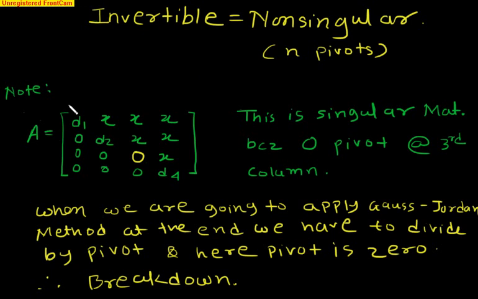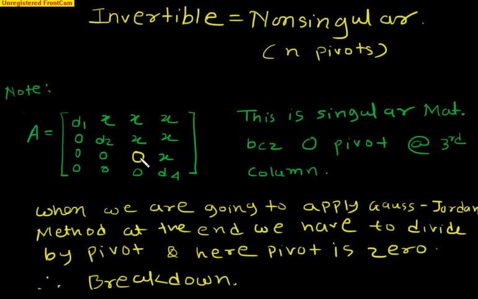See here, I have written one example. This is a 4 by 4 matrix. It is like an upper triangular matrix. If you look at the diagonal of this matrix, we have 0 in the third column. See here, we have 0 on the diagonal.